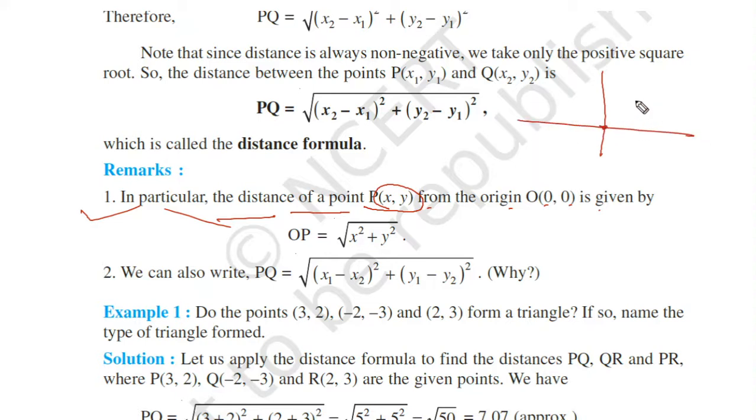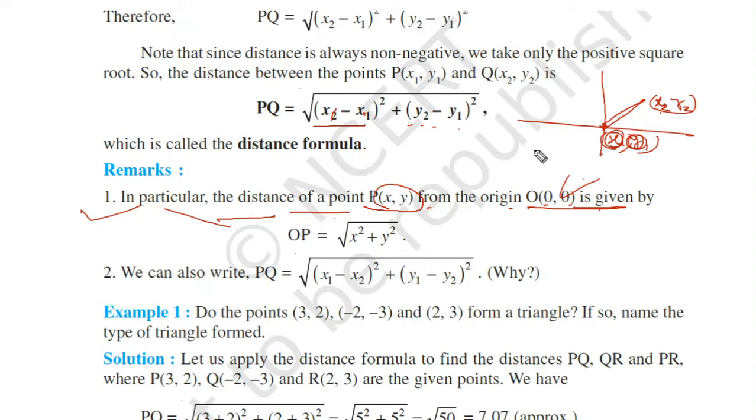The origin, and a point is here, and that is your x, y. What will be the distance between these two points? If we use the same formula, x2 minus x1 square plus y2 minus y1 square, then what will happen? Suppose this is x2, y2, and this will be the first point x1, y1. According to the formula, x1 will be 0 and y1 also will be 0.